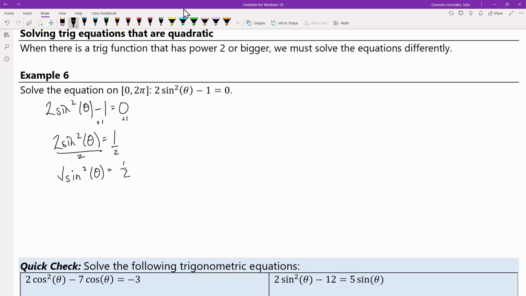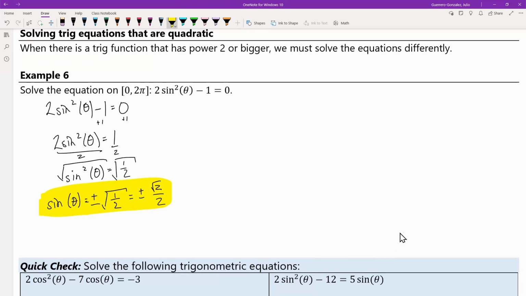At this point, I get to take my square root of both sides. So sine of theta is equal to plus or minus, because when you take the square root, it's going to be plus or minus whatever that thing is, the square root of 1/2. And if you remember, this is the same thing as plus or minus the square root of 2 over 2. So this is the thing that we're solving for now.